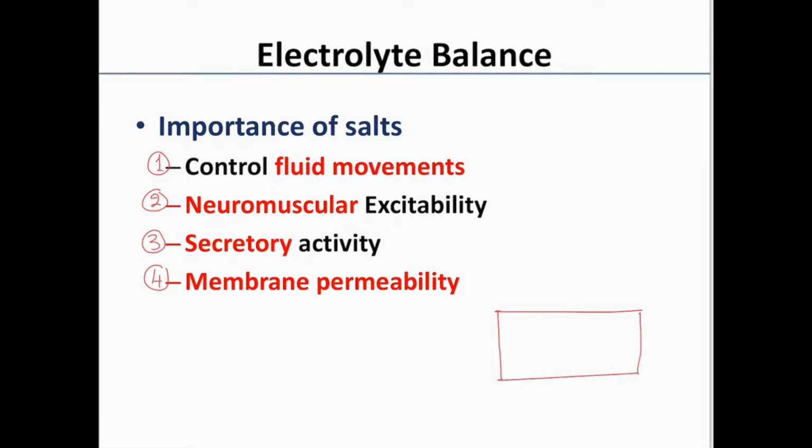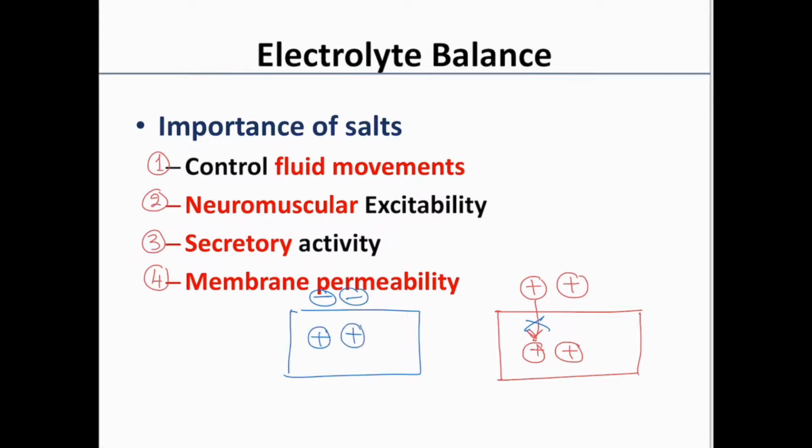So for example, if I have a positively charged ion on the outside, it's less likely to travel to the inside if you have too many positively charged ions on the other side of the membrane, compared to negatively charged ions that are trying to get in. They will more likely travel to the inside of the cell because of the presence of positively charged ions on the inside.